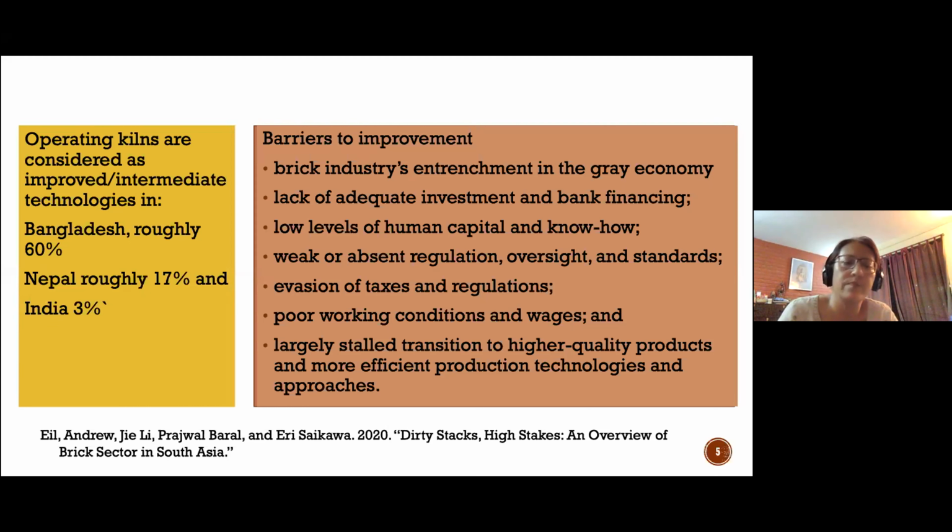Bangladesh is leading with about 60% of brick kilns converted to reduce air pollution, and Nepal is roughly 17%, whereas India does poorly in this. Nepal, I think, also does a little better because it's a much smaller country than Bangladesh and India.